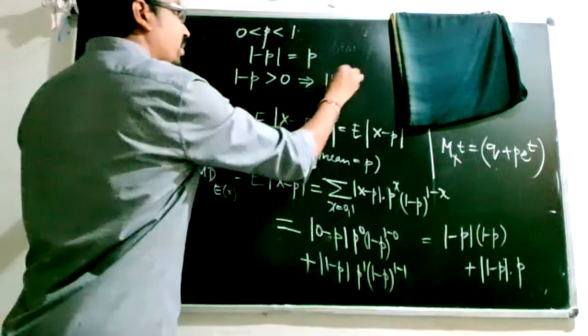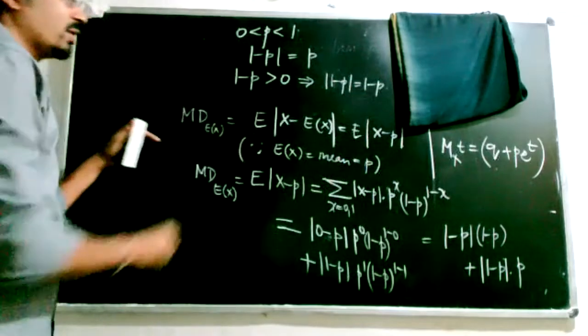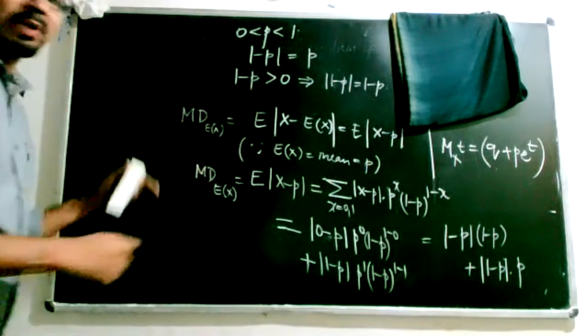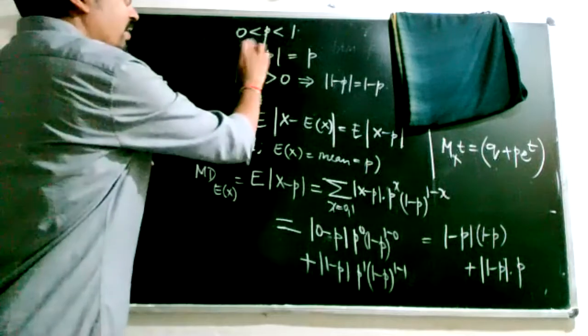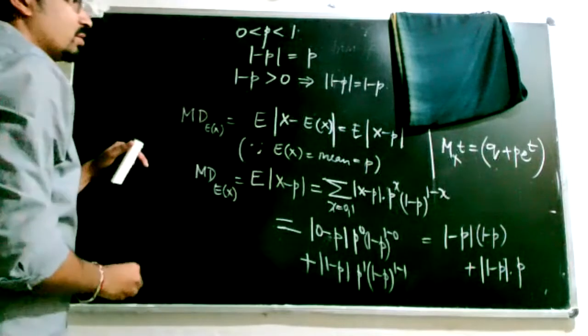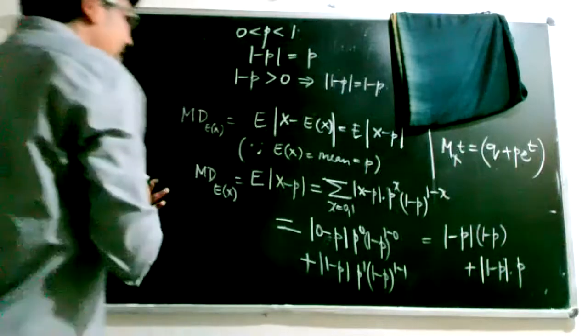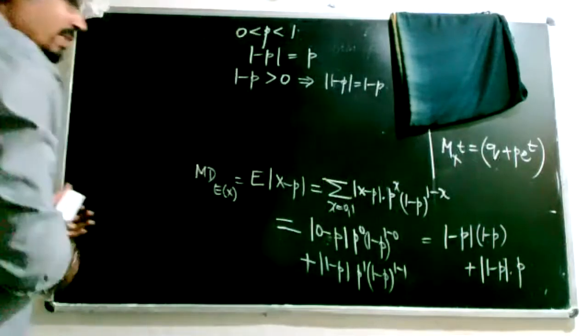Therefore, mod of 1 minus p is also same as 1 minus p. Or you could replace 1 minus p by q. Q is also a positive real number within 0 and 1. So mod of q is same as q. So remember this for Bernoulli, mod p, mod q, they take the same value, p as well as q.